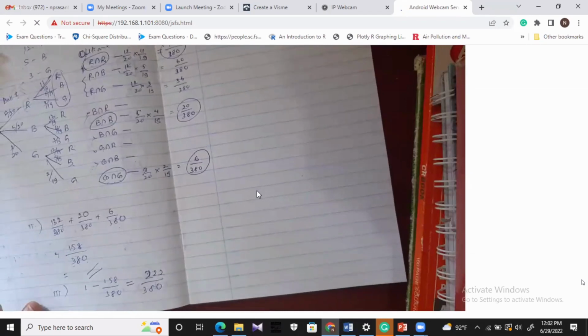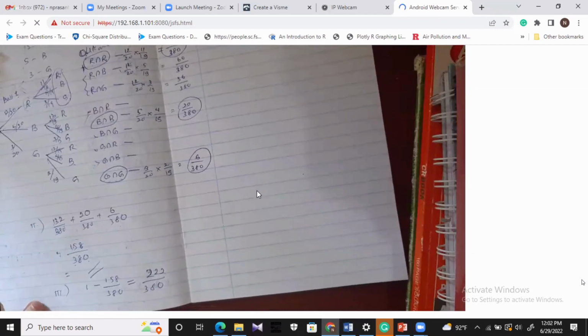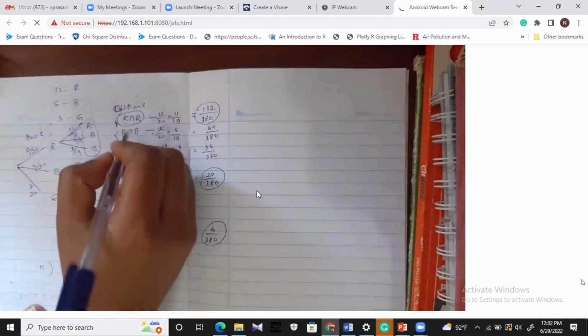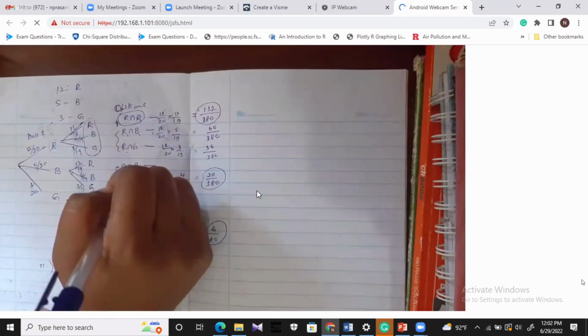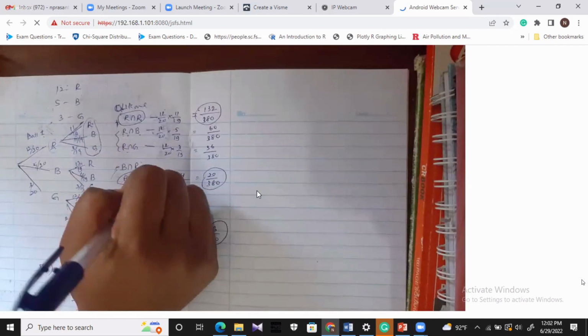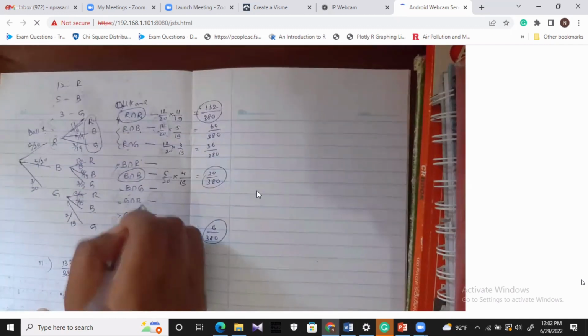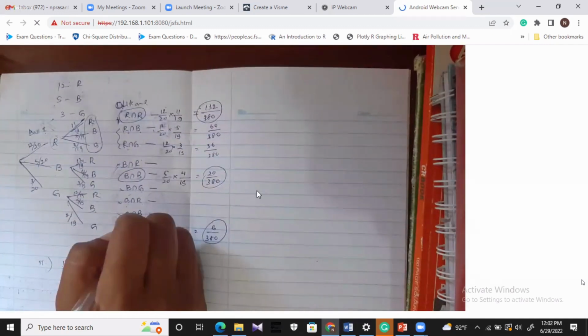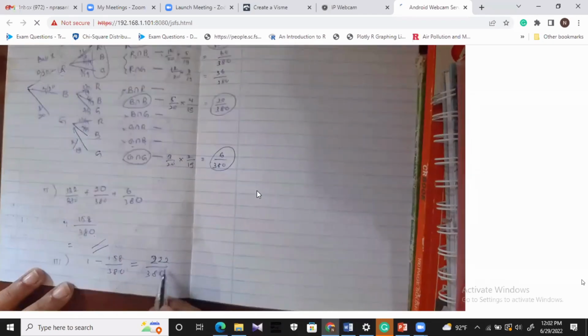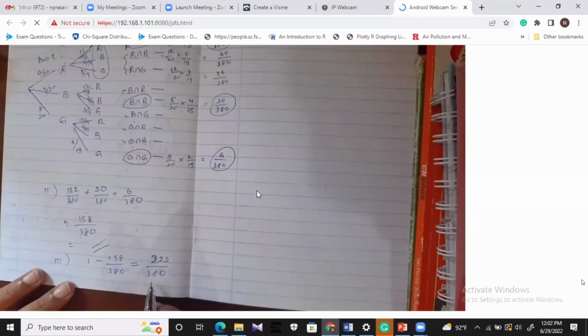Is that correct? Understand? If you add these probabilities, getting R and B, R and G, B and R, B and G, G and R, G and B, you will get the same answer, 222 divided by 380.